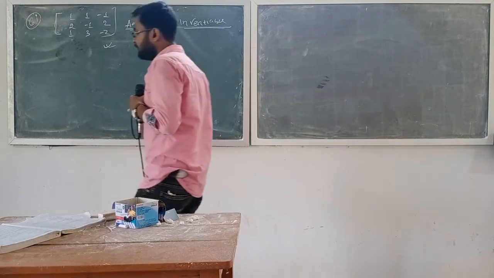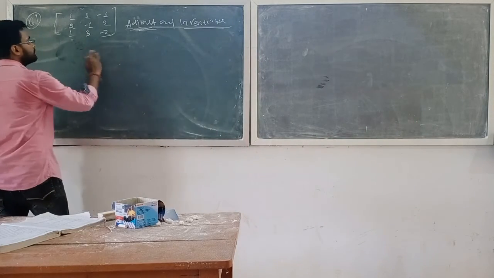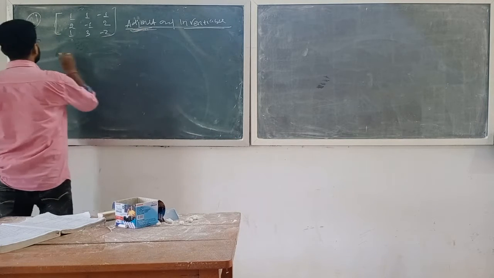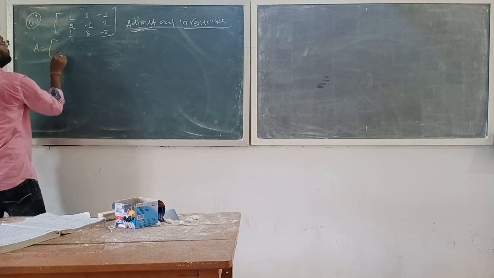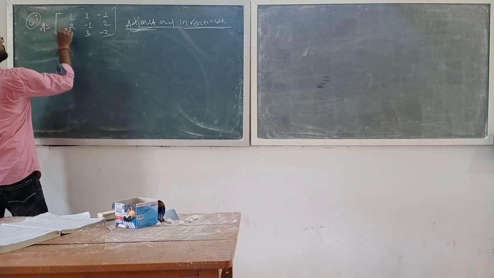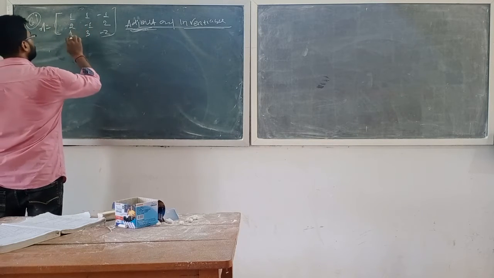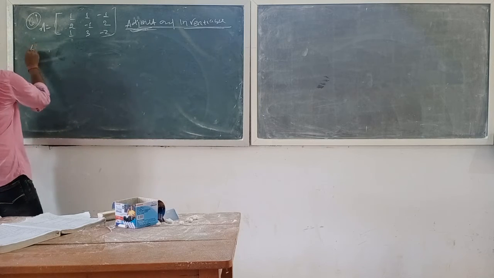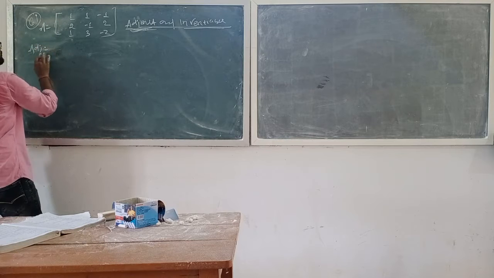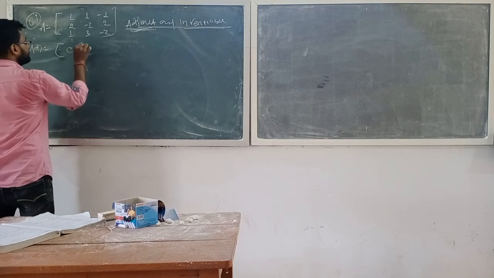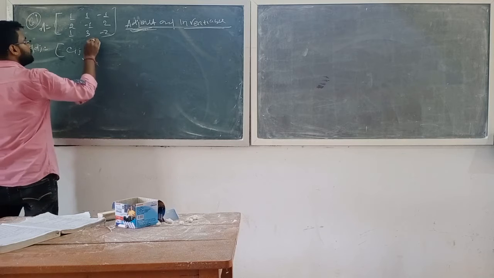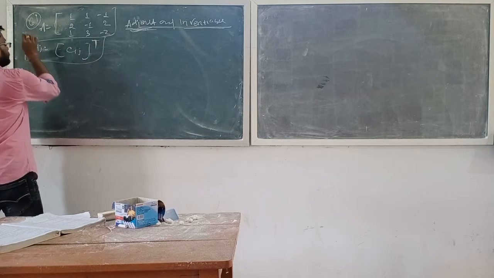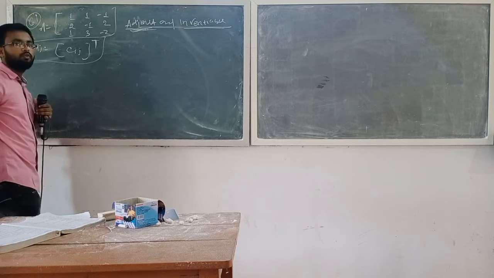Adjoint of A means, for the given matrix, how to find the adjoint? The given matrix A is 1 1 minus 1, 2 minus 1 2, 1 3 minus 2, and the adjoint of A is the transpose of the cofactors Cij. So first of all, you find out the cofactors.